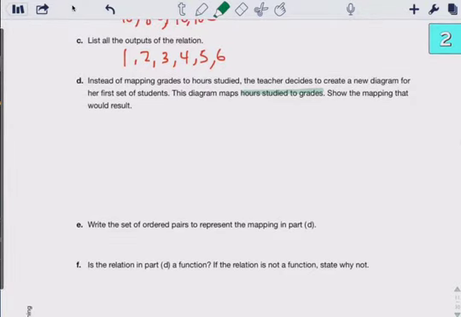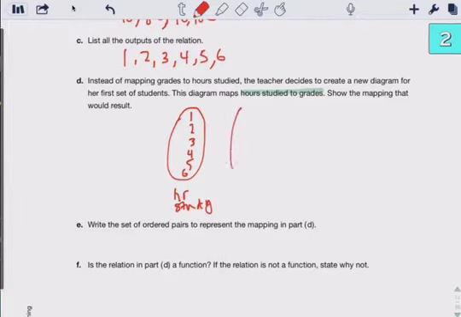Okay, hours studied to grades. So they want the hours studied here. 1, 2, 3, 4, 5, 6. This is hours studied. To grades. Okay, they're grades.